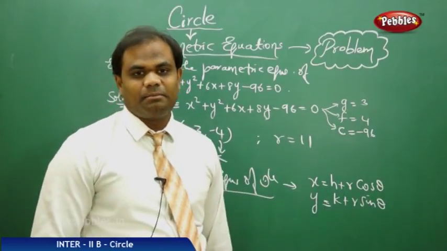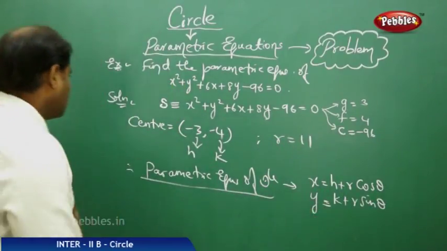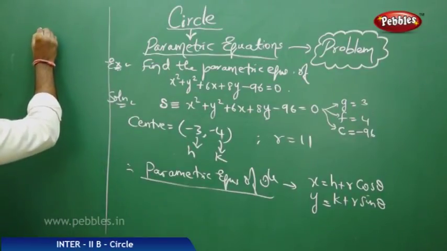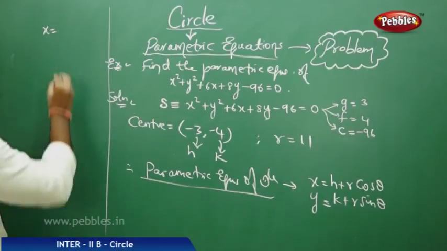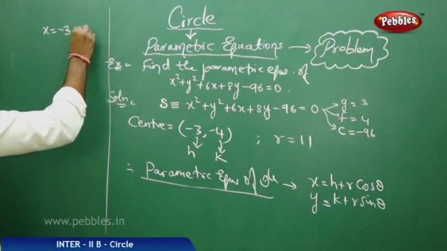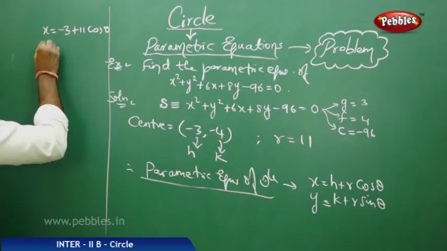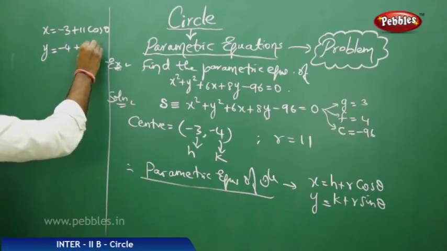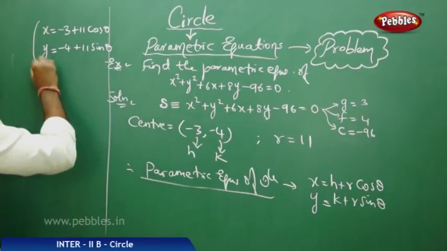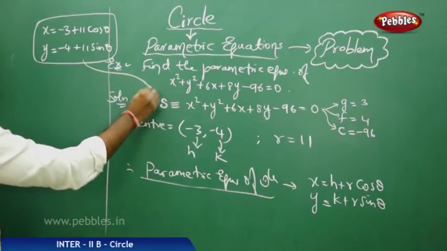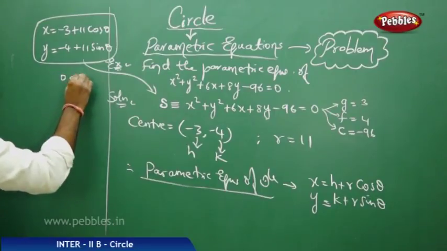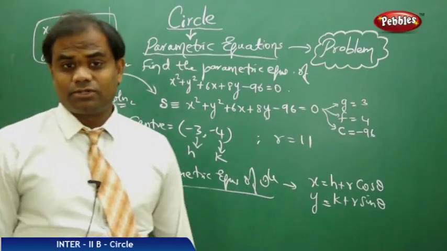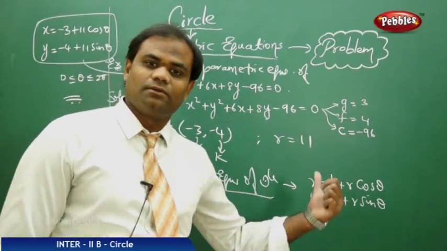So we get x equals minus 3 plus 11 cos theta and y equals minus 4 plus 11 sin theta as the parametric equations for the circle, with 0 less than or equal to theta less than or equal to 2 pi.